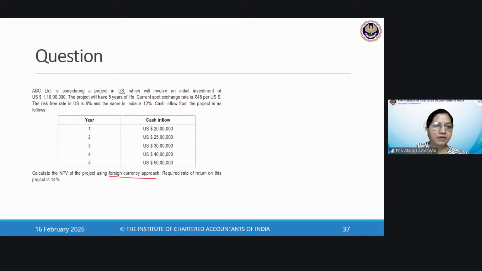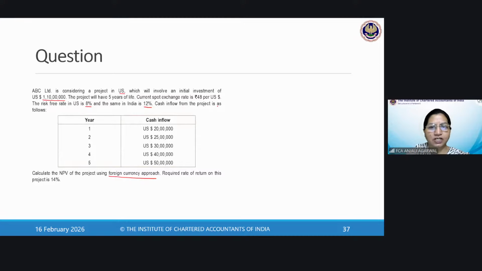ABC Limited is considering a project in US which will involve an initial investment of US dollar 11 million, and the project will have 5 years of life. Current spot rate is rupee 48 per dollar. Risk-free rate in US is 8% and the same in India is 12%.